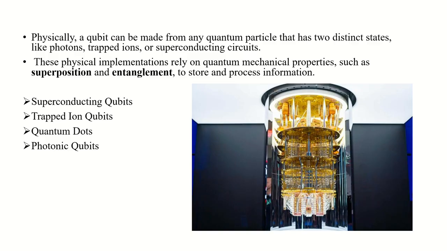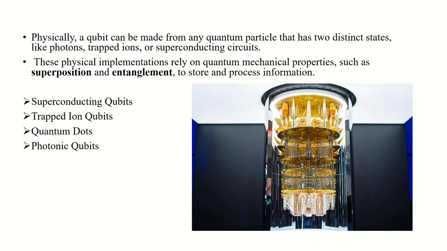Microwave pulses control the state of the qubit. One very big challenge is that superconducting qubits need temperatures near absolute zero Kelvin to function and have the superconducting nature. The main issue is not the computation or processing, it's maintaining this very low temperature.